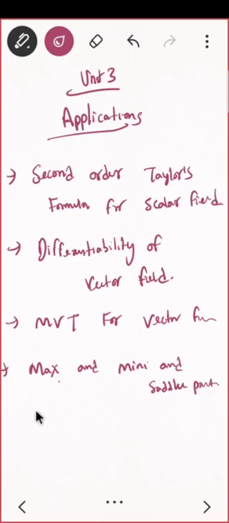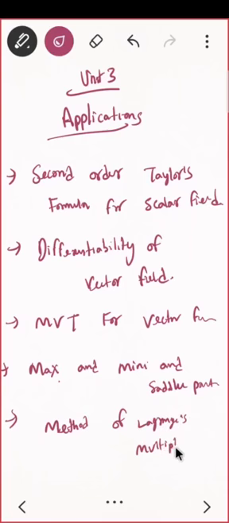And second derivative, and one more most important, that is method of Lagrange multiplier. What is this method actually? This also gives, if you are having some function and given some constraint, then if you want to find maximum, then also you can do that.